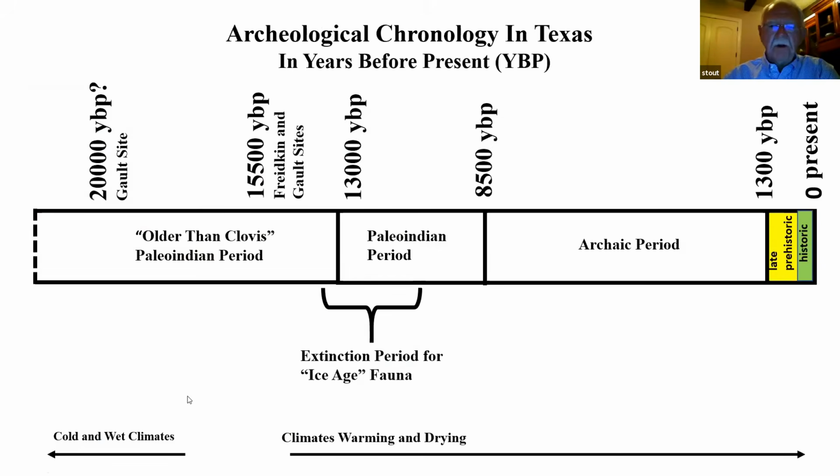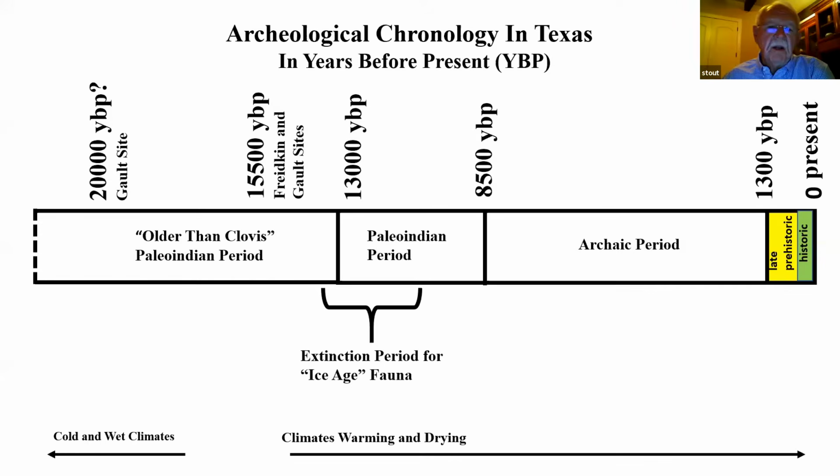Before we go any further, we need to get acquainted with archaeological time. This is a generalized chart of archaeological periods in the state of Texas, starting with present day 0 in our historic period for the last just 200 to 300 years, and working its way back all the way to possibly even 20,000 years ago when the first Native Americans were in Texas.